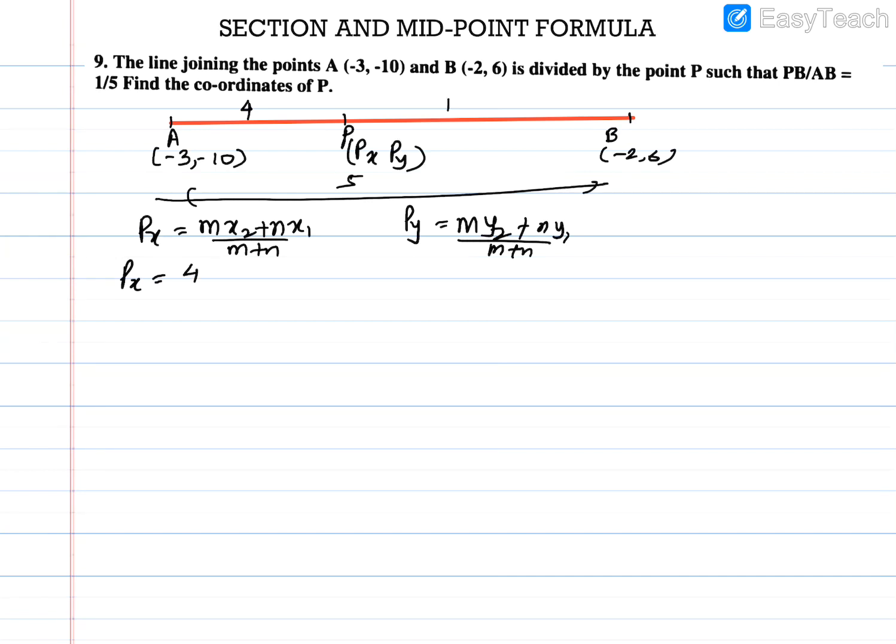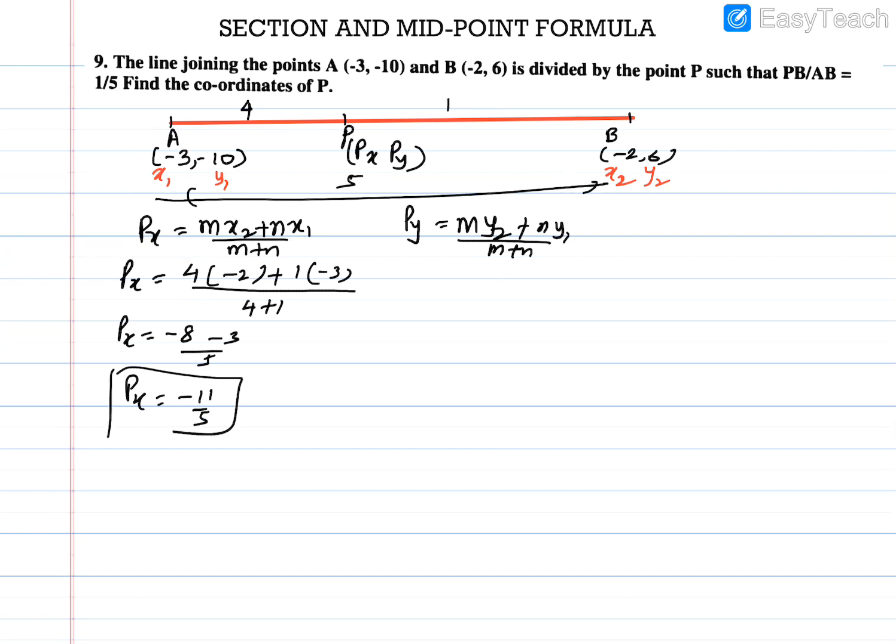Now I will write what is x1 and y1 to make it easier. This is x1, y1, this is x2, y2. So I will write m into x2. What is x2? Minus 2 plus n is 1 into x1. x1 is minus 3 upon m plus n. M plus n is 4 plus 1. Px will be equals to minus 8 minus 3 upon 5. Px will be equals to minus 11 upon 5.